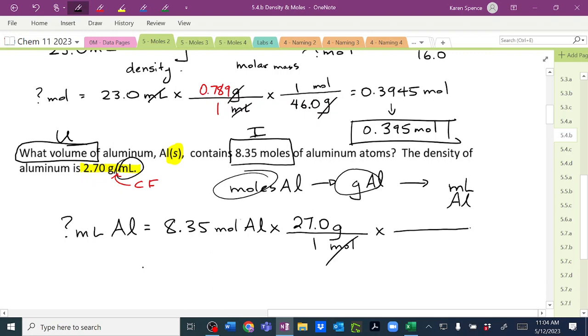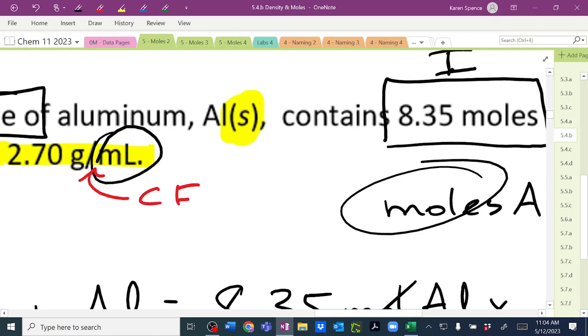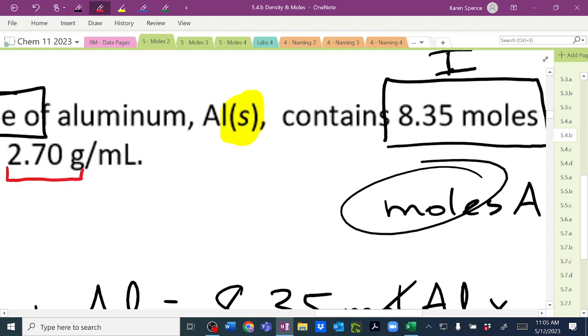So now moles have canceled out, we have grams, so we want to cancel the grams and find the milliliters. And so now we have to go back to our density and say what number goes with the milliliter and what number goes with the gram. 2.70 goes with the gram, and since there's nothing with the milliliter, you can just write 1.